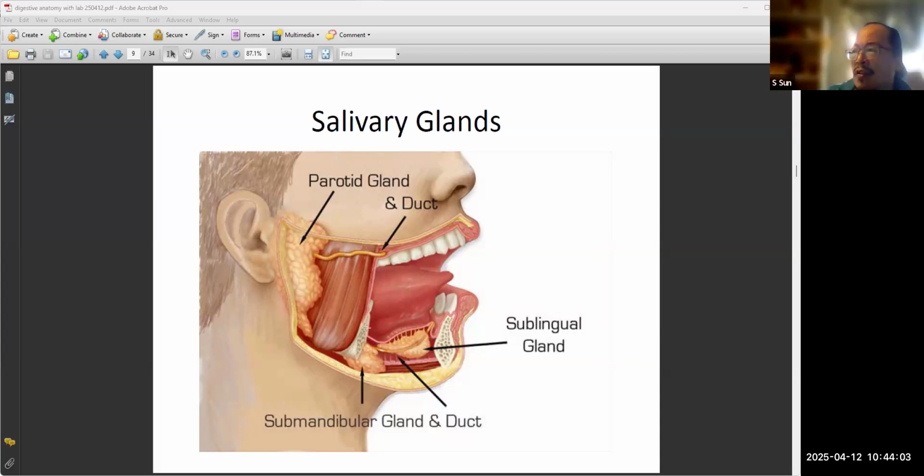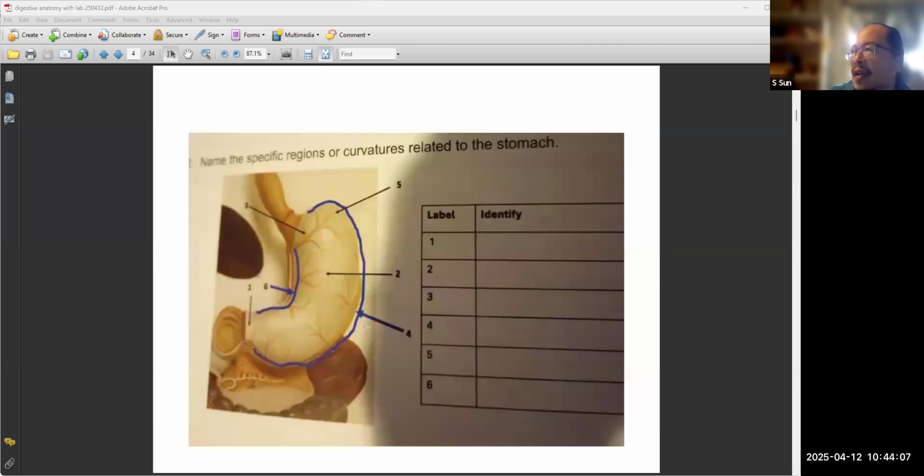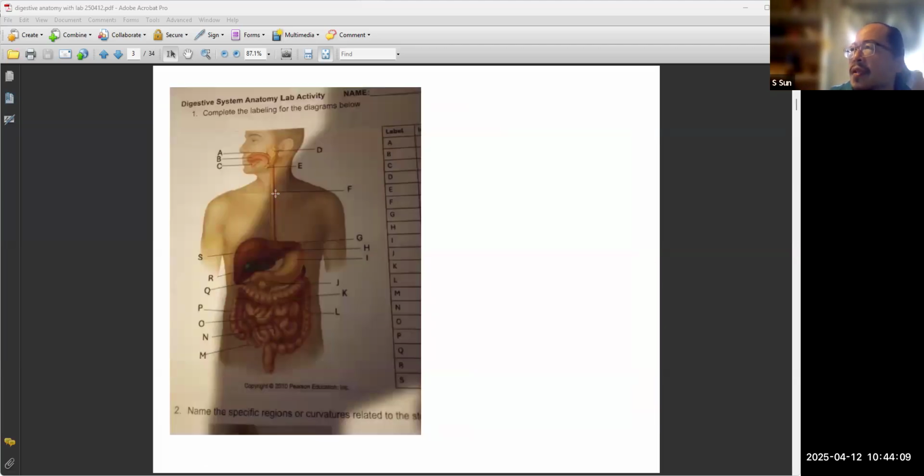So knowing this, we can go back to our questions right here. I would say this is a sublingual. This is the submandibular.